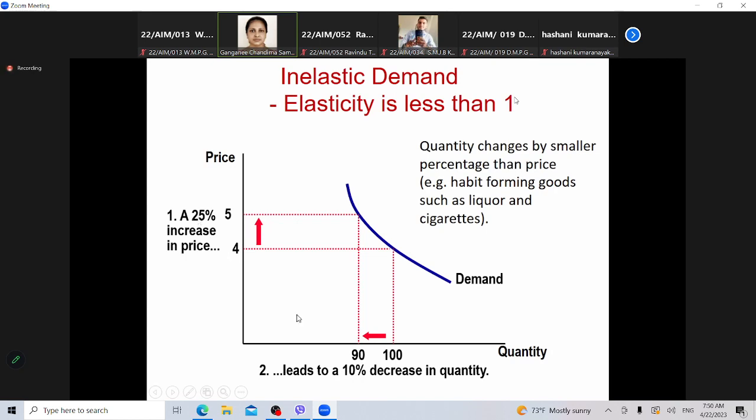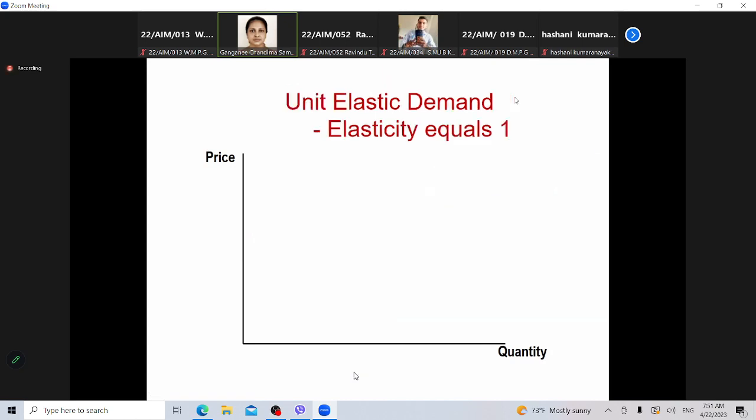Here you can see only a 10% change, 100 to 90 kilograms, 10 out of 100, so the answer is 10. Okay, so you can just take the idea now.